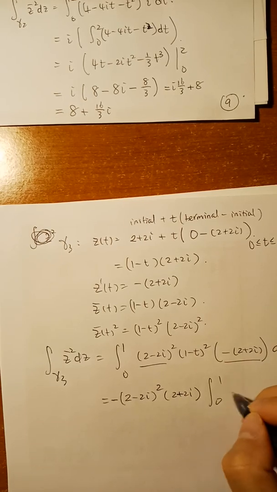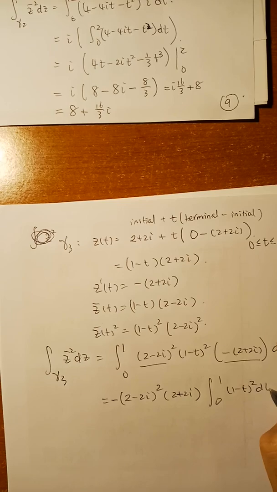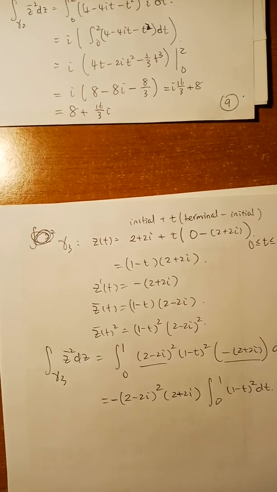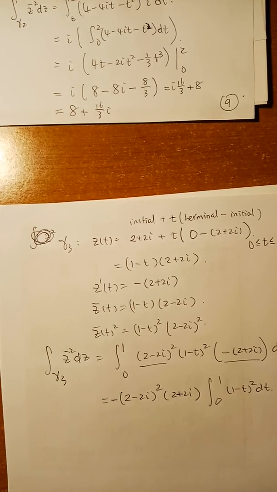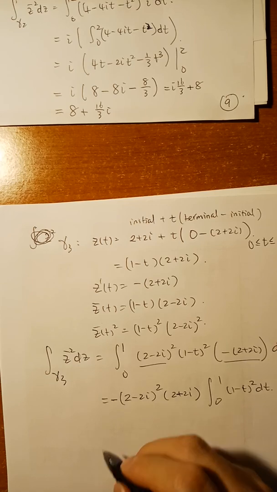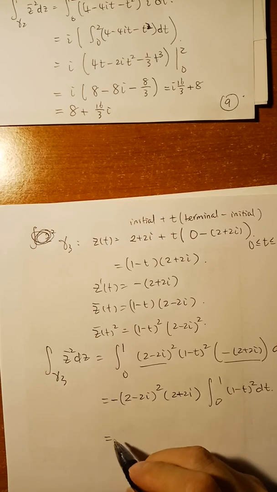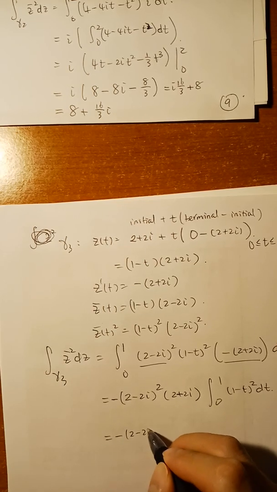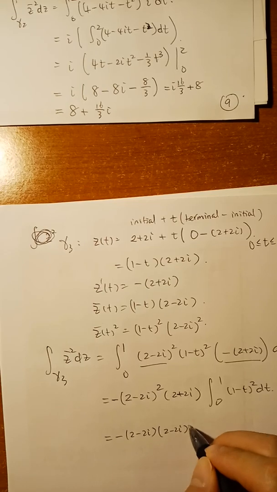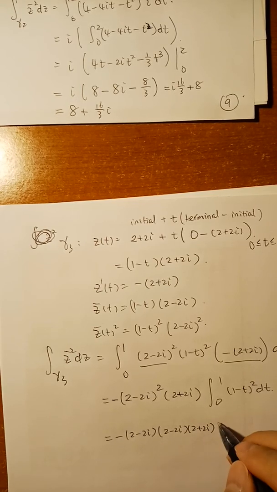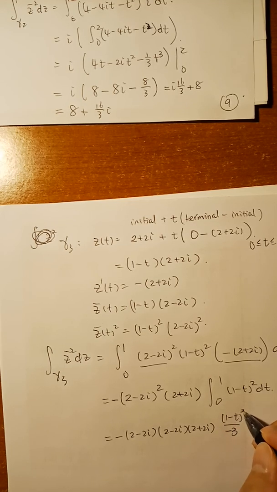And you integrate from 0 to 1 of 1 minus t squared dt. Let's see what this is. The antiderivative is negative 1 over 3, 1 minus t cubed, from 0 to 1.